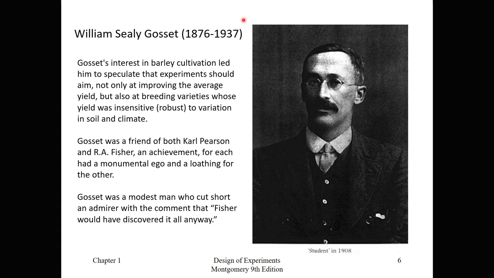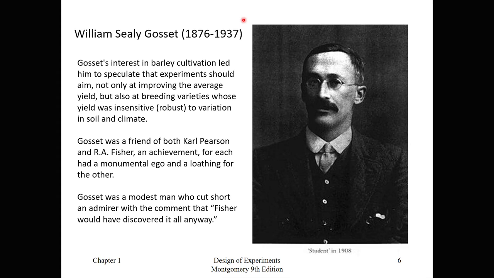He ended up becoming the creator of Student's t-distribution and worked very closely with Fisher to create that. And he wasn't allowed to publish his research. The story is that it was viewed as too much of a competitive advantage that Guinness didn't want to give out, so they wouldn't let William Gossett publish.